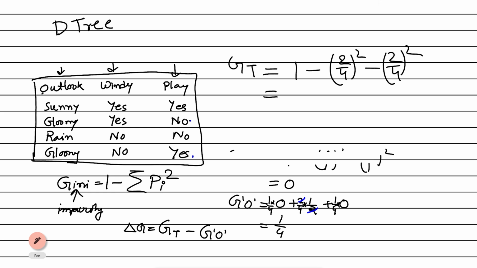This is nothing but 1 minus 1 by 2 square minus 1 by 2 square. So again it is 1 minus 1 by 4 minus 1 by 4, that is half. So if I calculate this delta G, definitely it will be half minus half equal to 0.